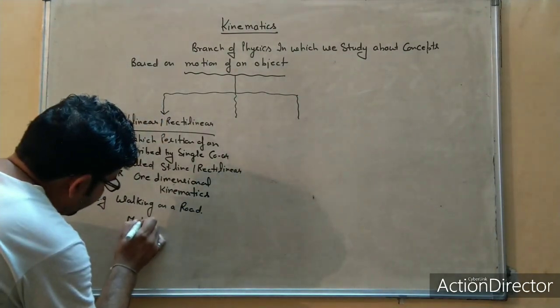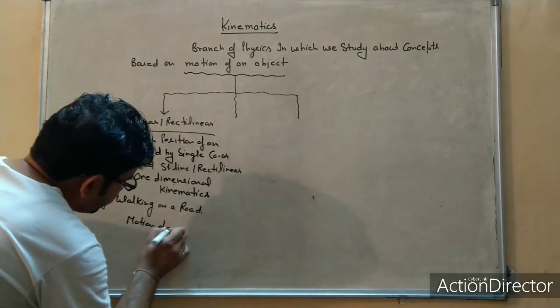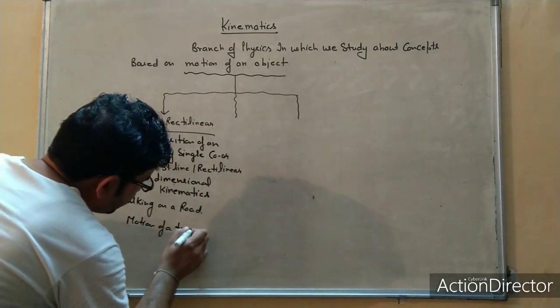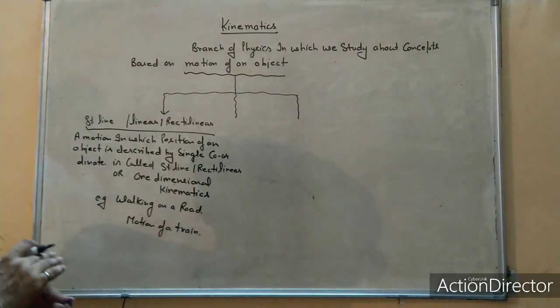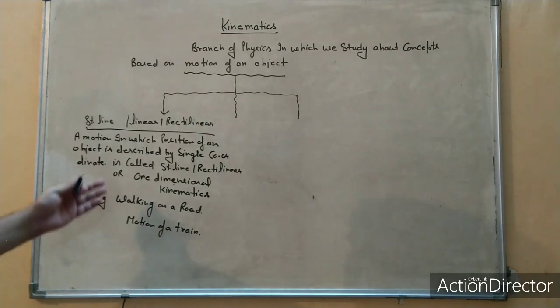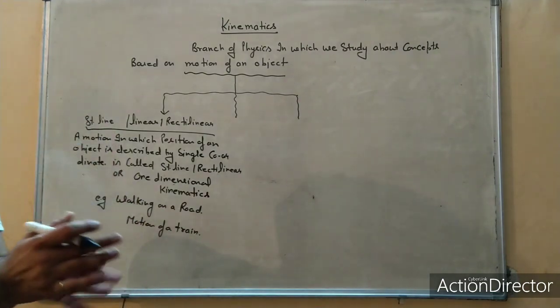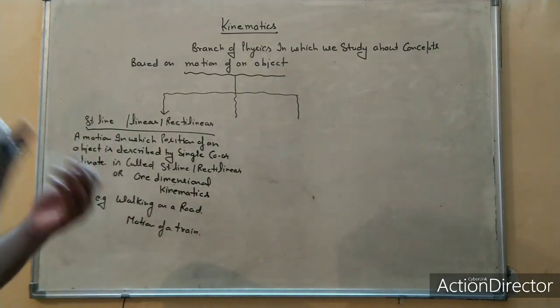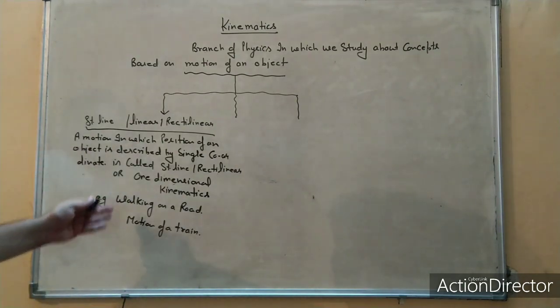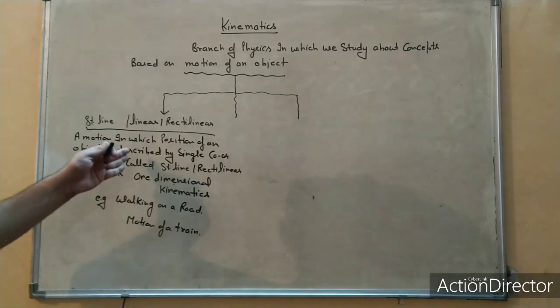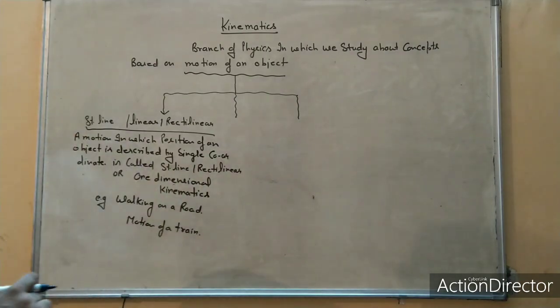Motion of a train. These are some common examples of one dimensional kinematics, in which a single coordinate is enough to describe the exact location or position of an object. This is called straight line motion, linear motion, rectilinear motion.